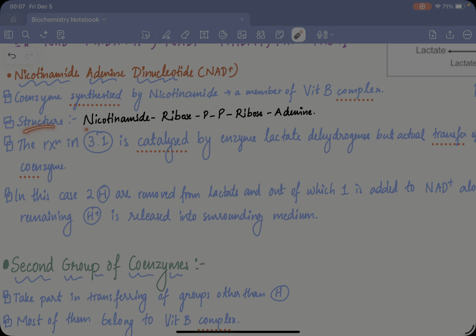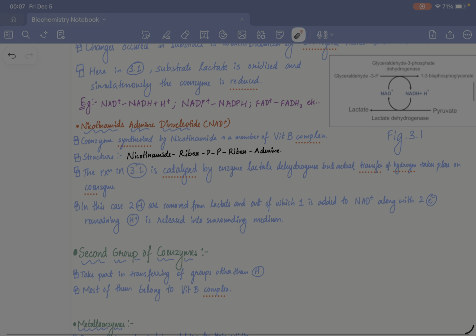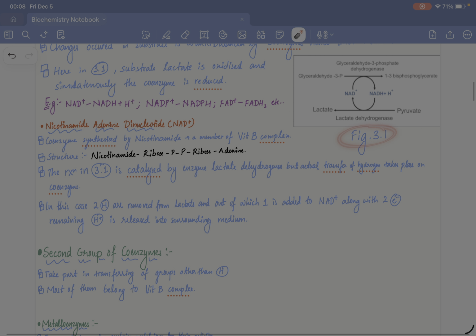The structure is nicotinamide, ribose, phosphate, ribose, adenine, okay. Then the reaction in 3.1 is catalyzed by the enzyme lactate dehydrogenase, but the actual transfer of hydrogen takes place in the coenzyme, that is NAD plus and NADH.